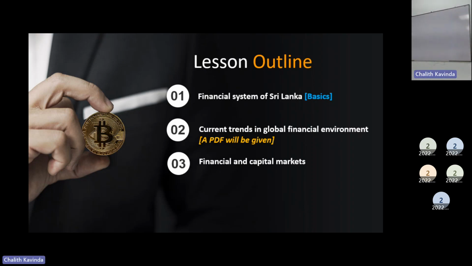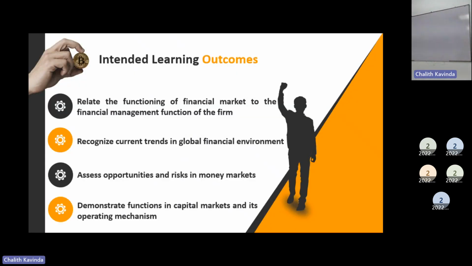Right. So these are the learning outcomes, which means once we complete this particular lesson, you should be able to perform these things. You should be in a position to relate the functioning of the financial market to the financial management function of the firm. So how are you going to relate? The finance manager is there, financial markets are there, so you are going to relate these two.